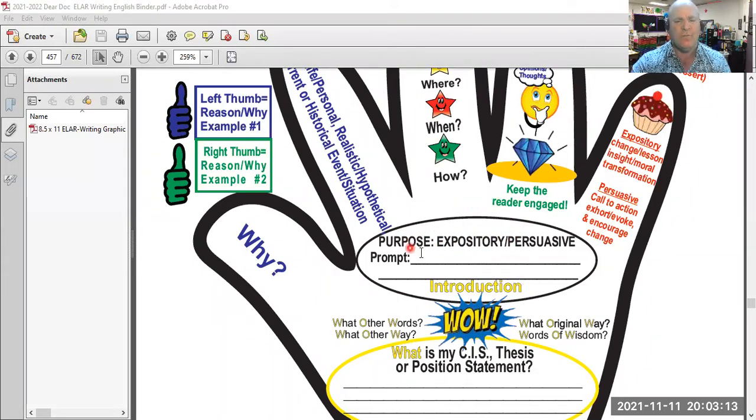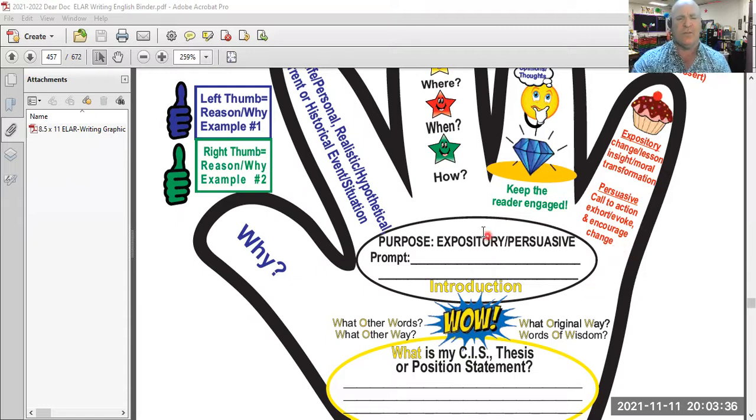Are we trying to explain? Then we need this ending. If we're trying to persuade or convince or be argumentative, not the negative argumentative, but persuade in the argumentative way, we want a call to action.